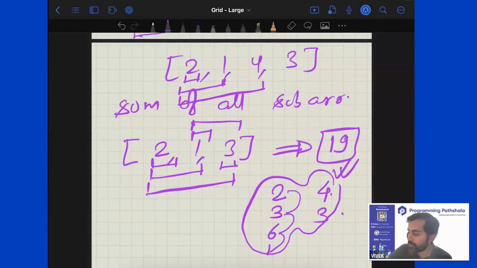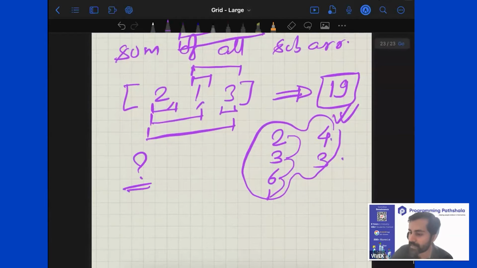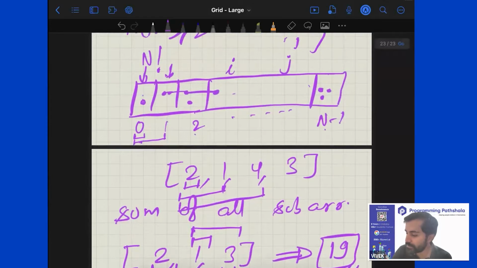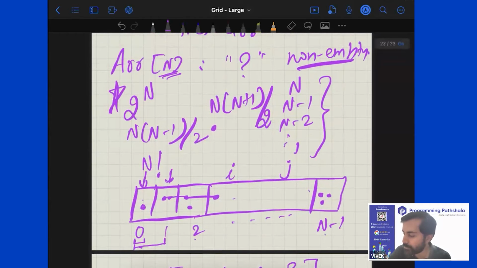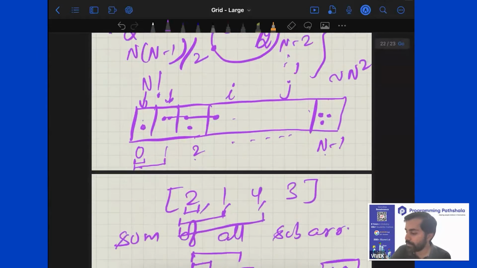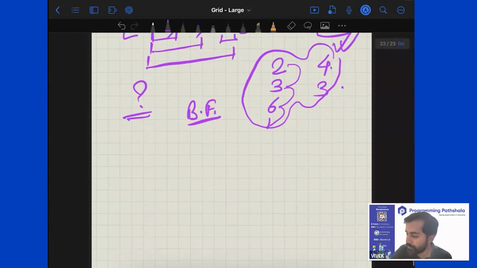Okay. Now, how do I solve this question? Let's start from the brute force way of solving it. So see, the brute force way could be to simply consider all the subarrays. How many subarrays are there? You just listed them down, n times (n plus 1) by 2, which is approximately n square. So if you have to list down all the subarrays, you can very easily do that.